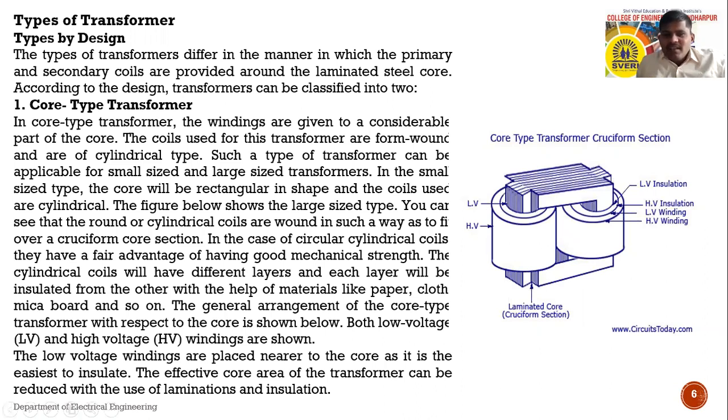In this figure, this is one type of transformer having a core, winding, and insulating material. Insulation is more important because insulation is required from core to winding, from each and every winding, that means in turns of the winding, and also from primary to secondary.